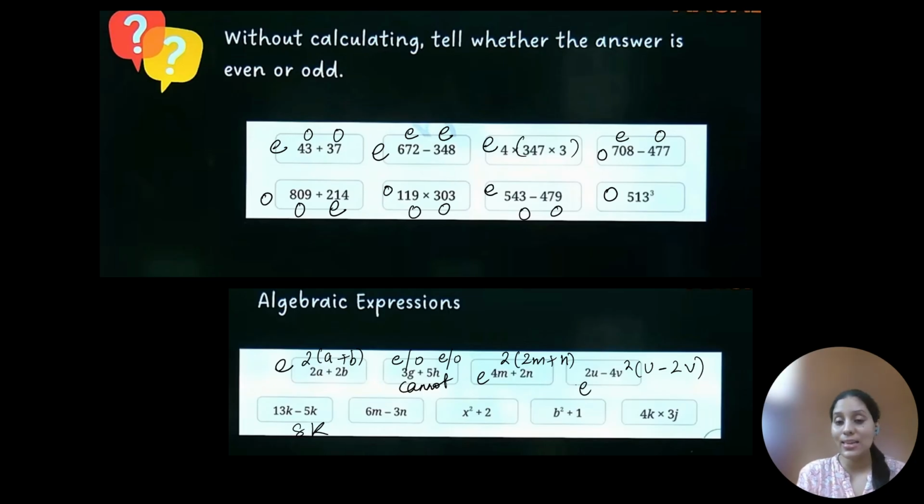Now 8 is an even number. Even multiplied by anything is even. 6m minus 3n. If I take 3 common, you get 3 into (2m minus n). So, 3 is an odd number, isn't it? This is odd, but what is the bracket part? Bracket part can be anything.